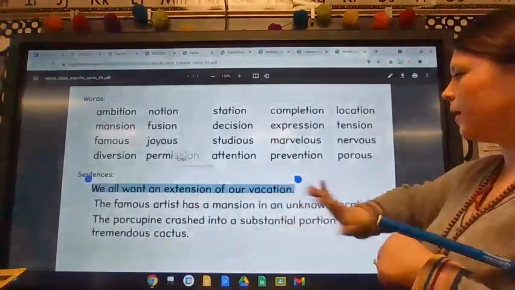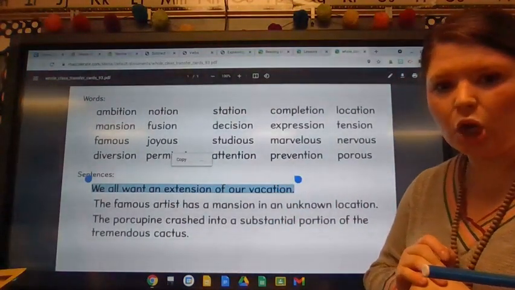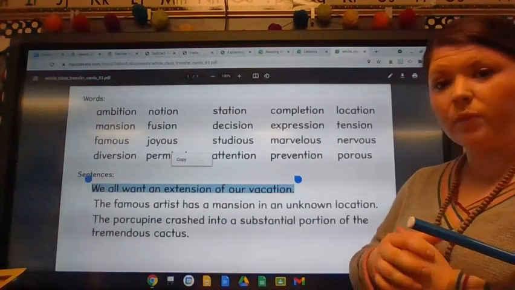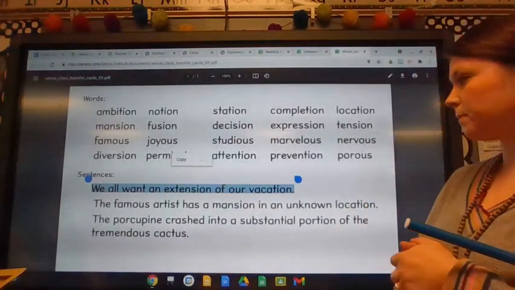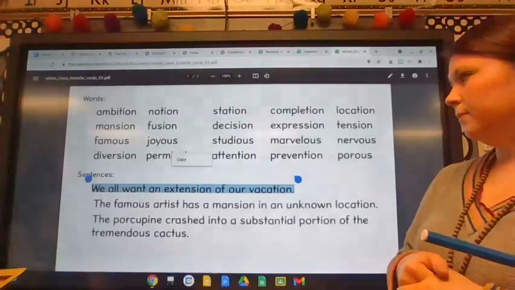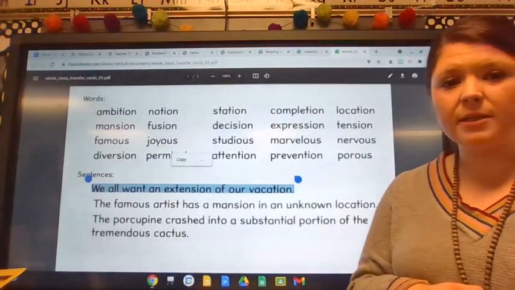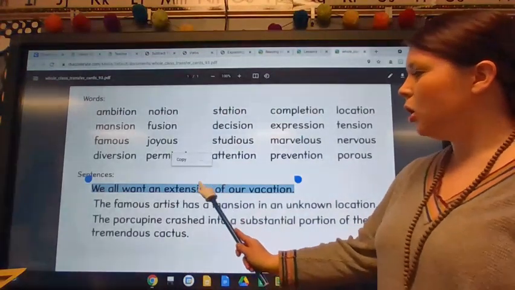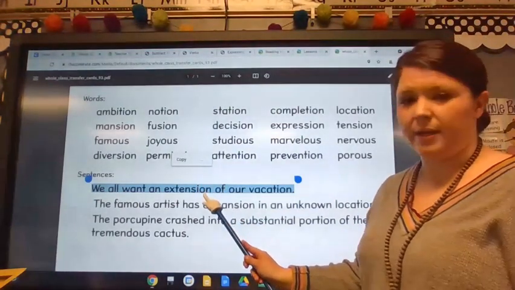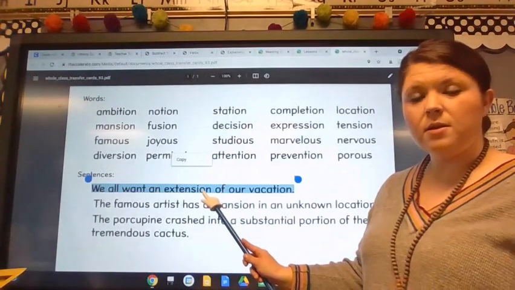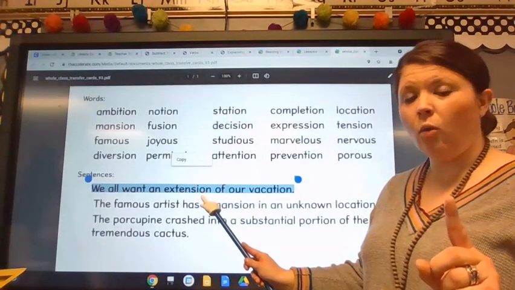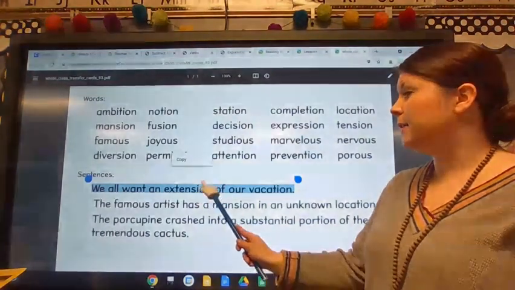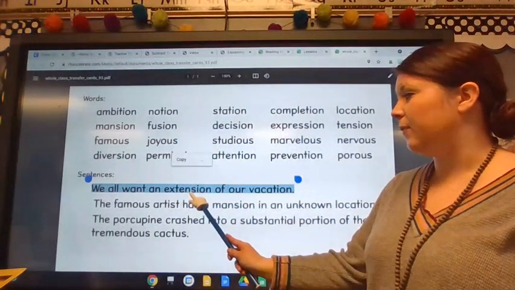All right, I want you to go ahead and read sentence number 1. When you're done, give me a thumbs up. All right, let's look at those 2 words that have suffixes. Here we have S-I-O-N. What is the sound for S-I-O-N? Shun or zun. Here it's going to say shun, though, because it has that N in front of it.